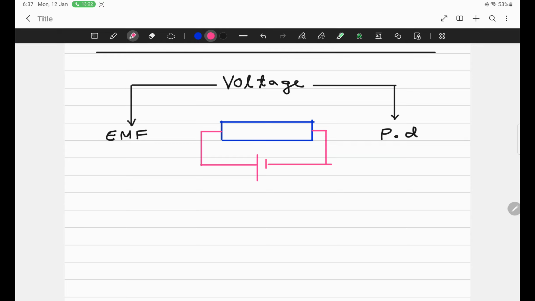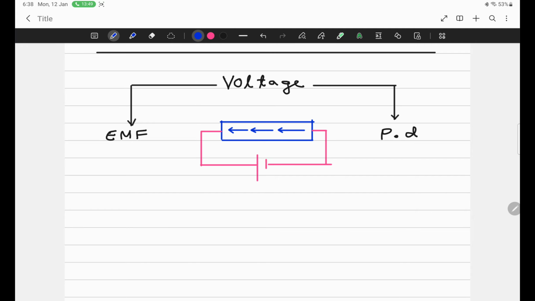But when they are connected with a battery, this battery provides energy. This battery or cell provides energy, and this energy is responsible to drive free electrons.